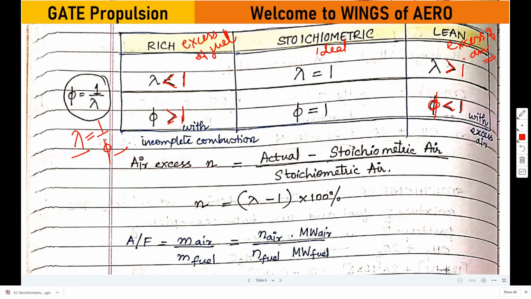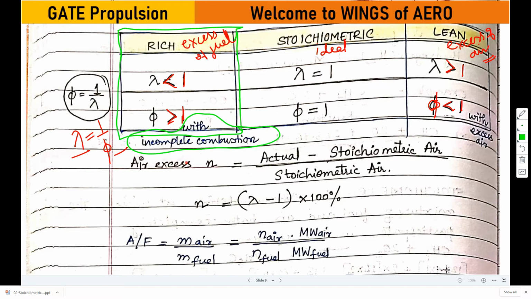But if there is a lack of air, if the oxidizer is not there, and you have a rich fuel content, then you cannot undertake the combustion. When you have the excess fuel, whatever the condition, the combustion will be incomplete.